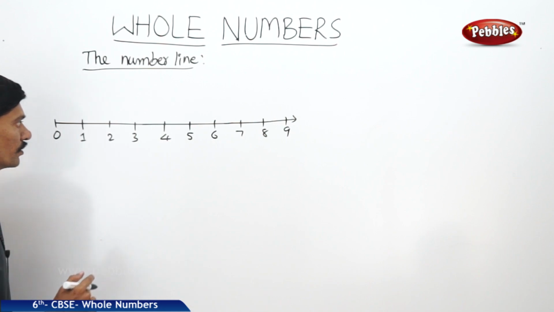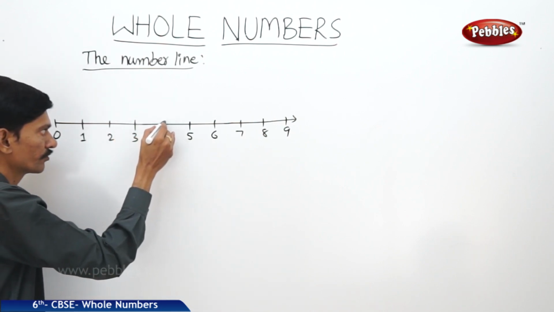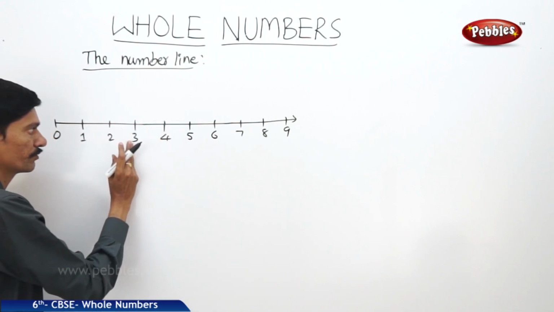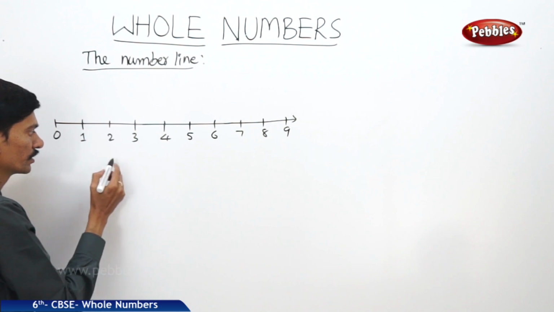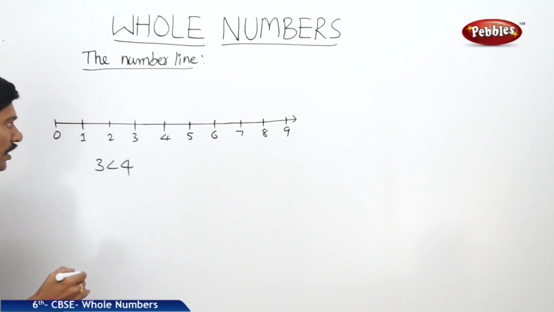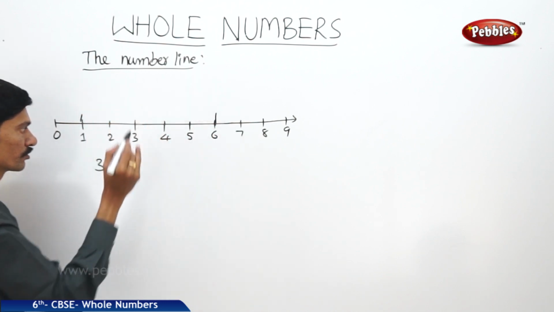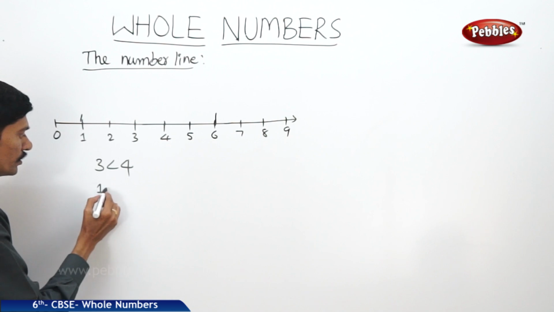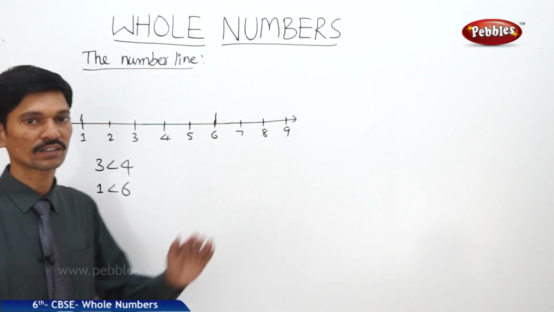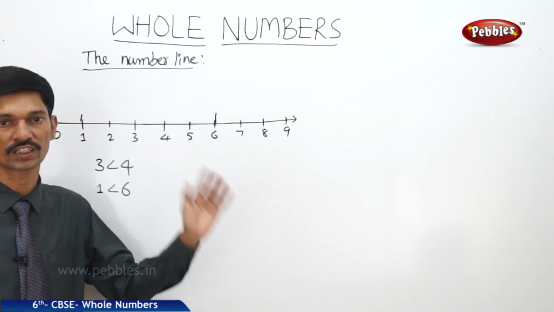Now for example, 3 lies to the left of the whole number 4 on the number line, so we can write that 3 is less than 4. Similarly, here 1 lies on the left of 6, so we can write that 1 is less than 6. If a number lies on the left of another number, then the first number is smaller than the second number.